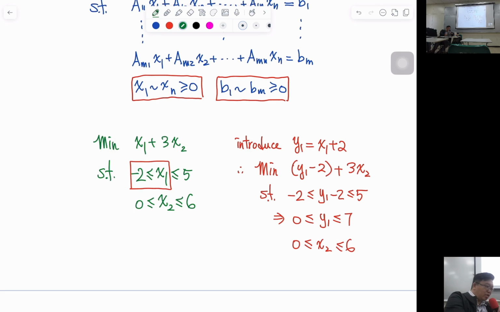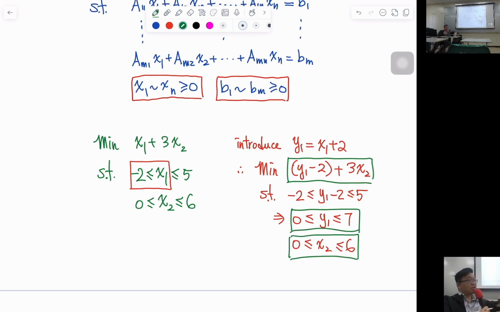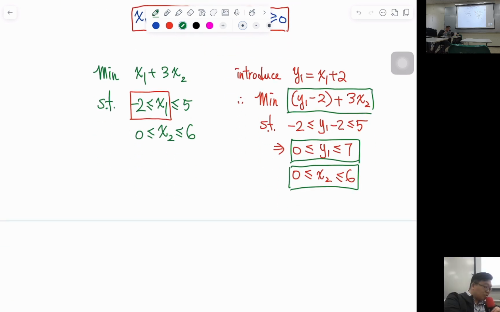So you end up with a linear objective function and inequalities, but everything is either positive or 0. And you can do the rest because the constraints right now are inequalities. You need to convert them into equalities.